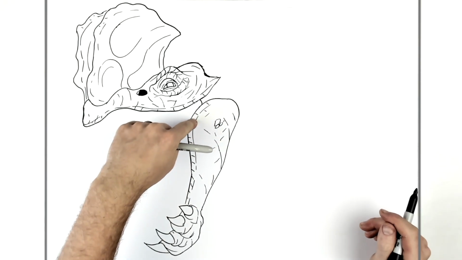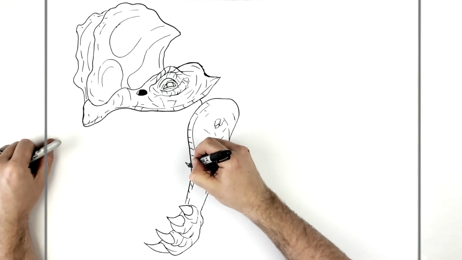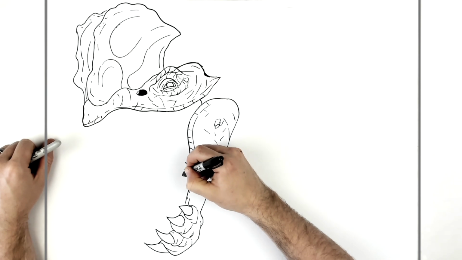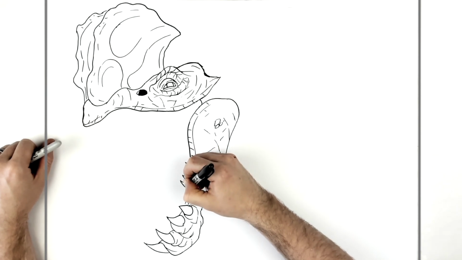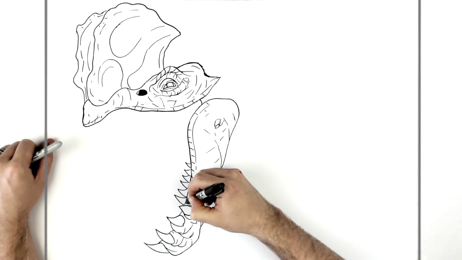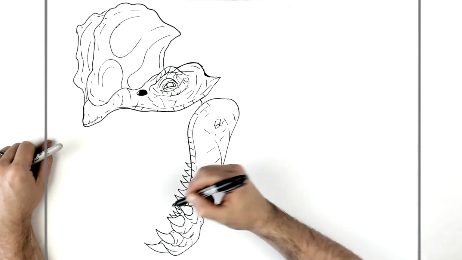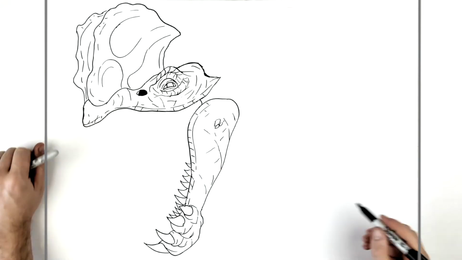Okay, so then the other layer of teeth inside here. So, more of a normal tooth layer coming down here, like so.